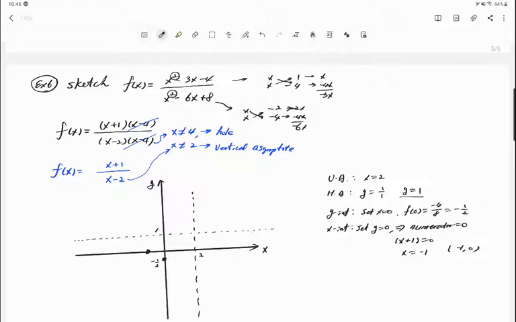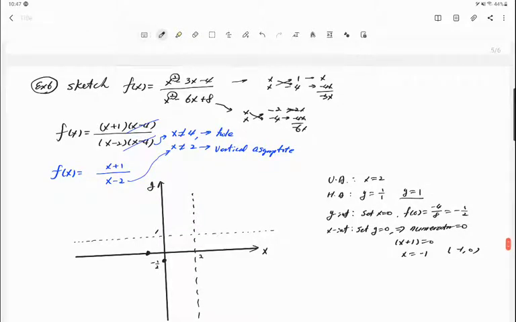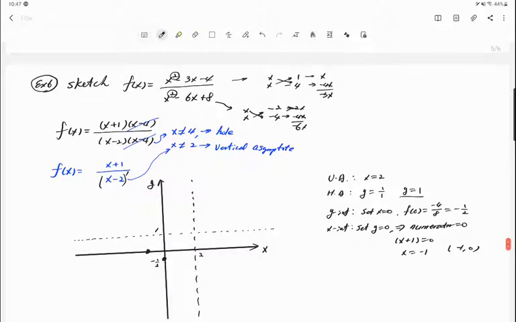How about 4? When x equals 4, there's no y value. There's a hole. The factors x minus 1 and x minus 2 are first power. Based on the vertical asymptote, one branch is above the horizontal line and one is below.